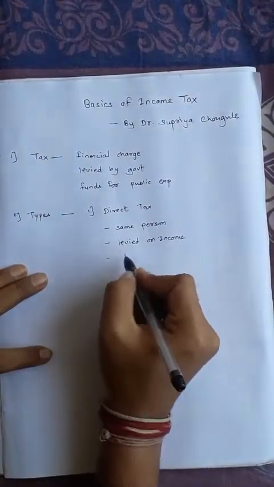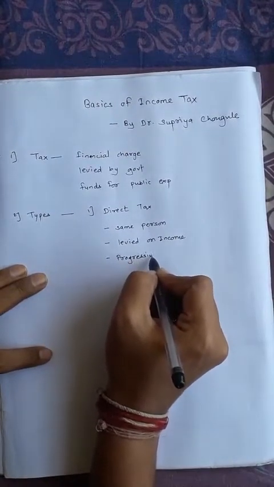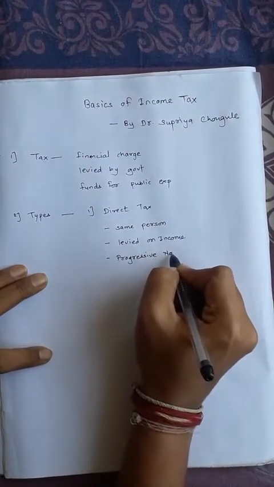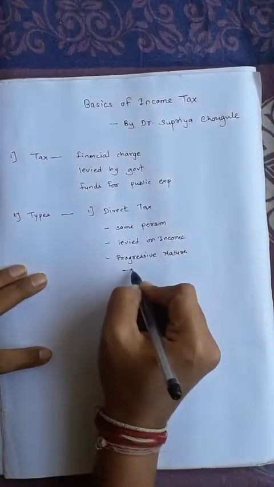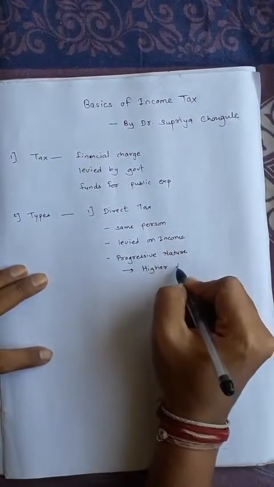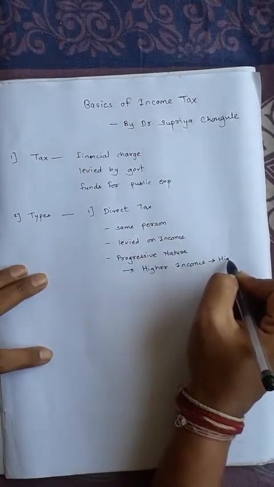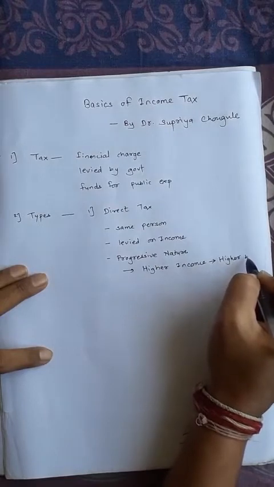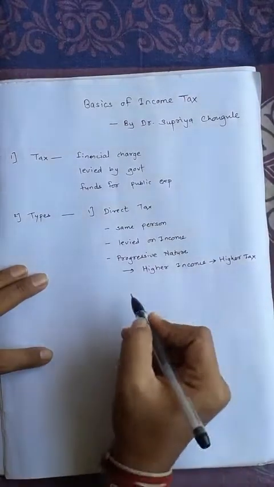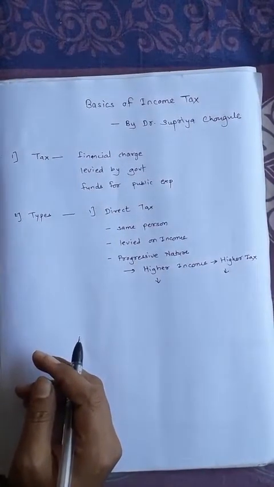And the third important aspect to remember about direct tax is it is progressive in nature. Progressive means what? As the income increases, the tax also increases. And if income decreases, then tax is also going to decrease.